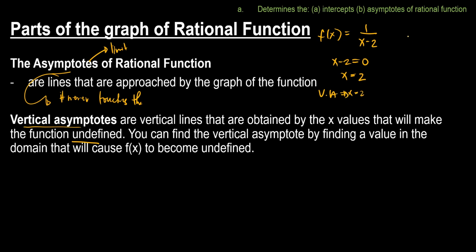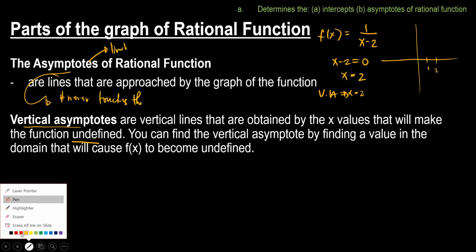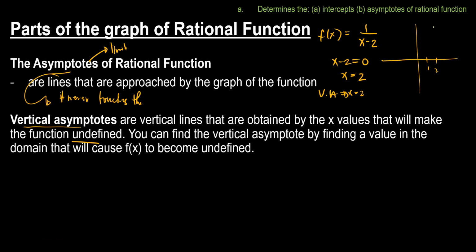When we graph this, class, the vertical asymptote is 2. So 1, 2. There it is, x is equal to 2. Now, for example, your graph is here.